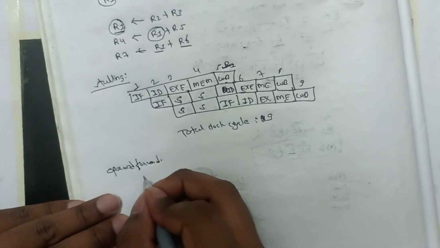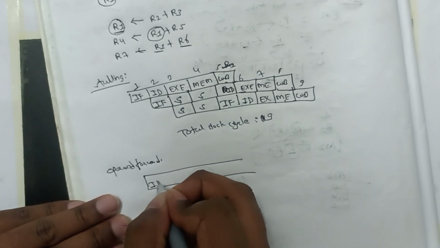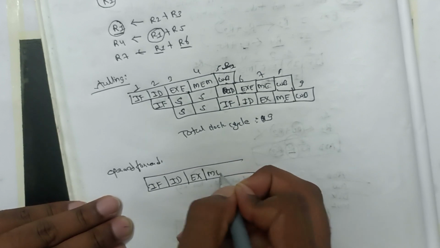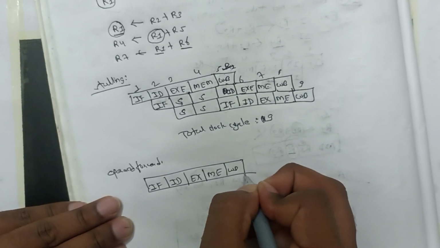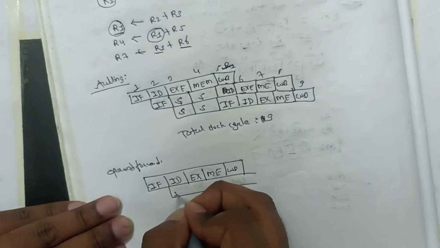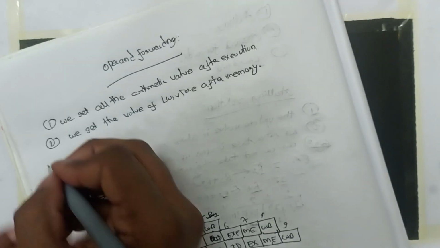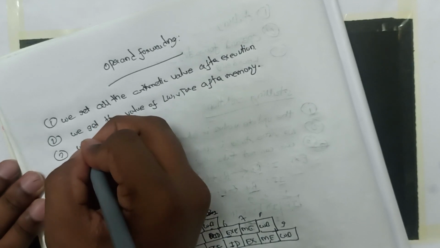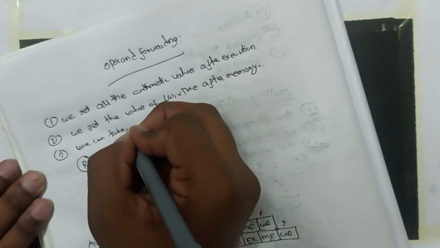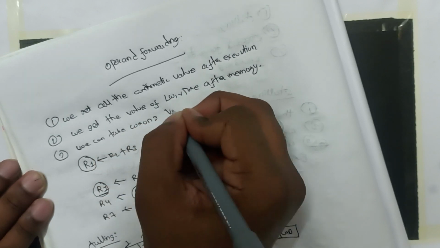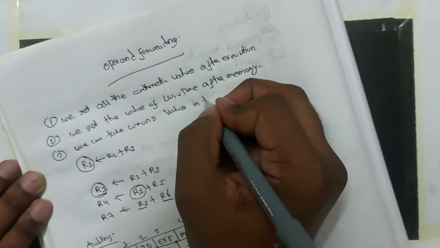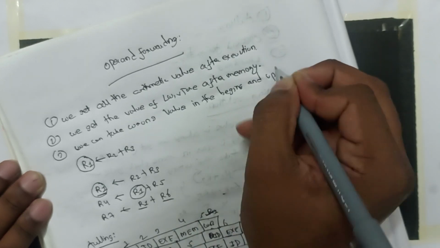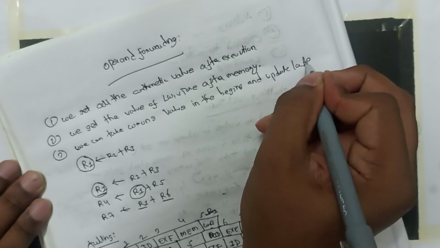The first is the same, simply IF, ID, EX, MEM, WB. And the third point is, in operand forwarding we can take the wrong value in the beginning and update it later.